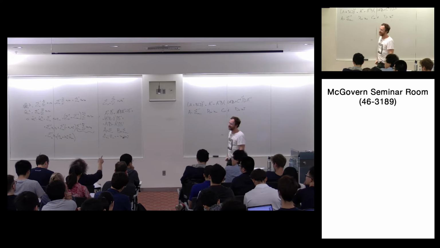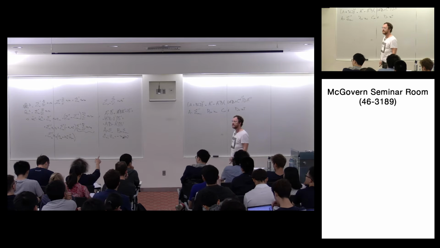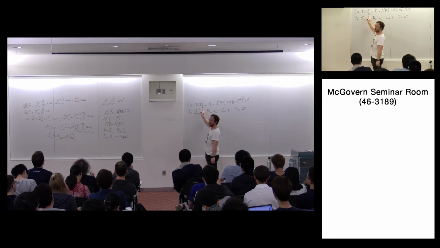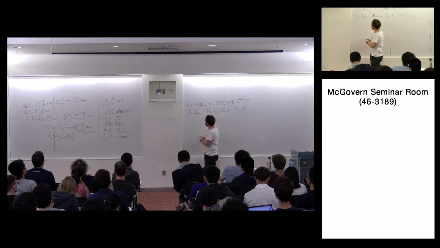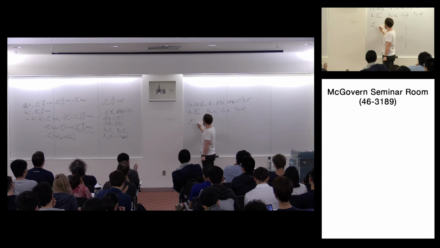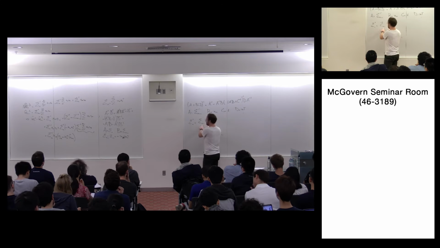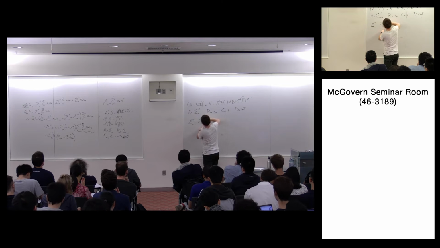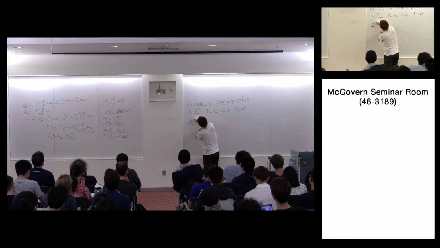So where do we see this form? The form A plus BCD. So what I want to do is write down sigma n minus 1, which is equal to sigma n minus 1 to the minus 1.